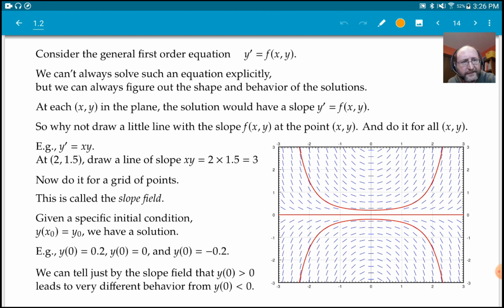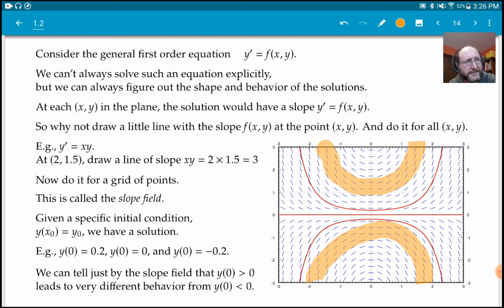So essentially, if I start over here, it's probably going to look like this, right? Because I just follow those little lines. And if I start over here, maybe that's not the best drawing, but it's going to look like this, at least a basic idea of what the solution looks like. I can see directly from the slope field, right?